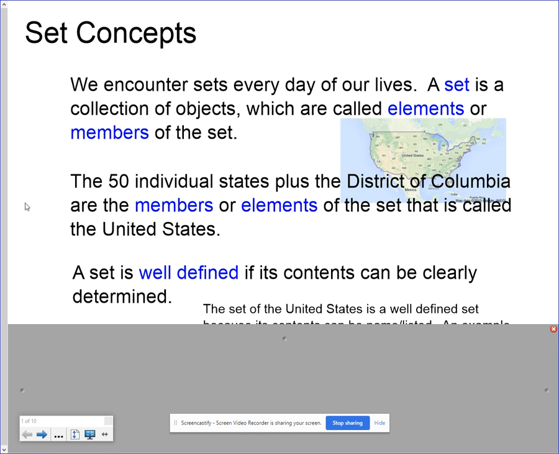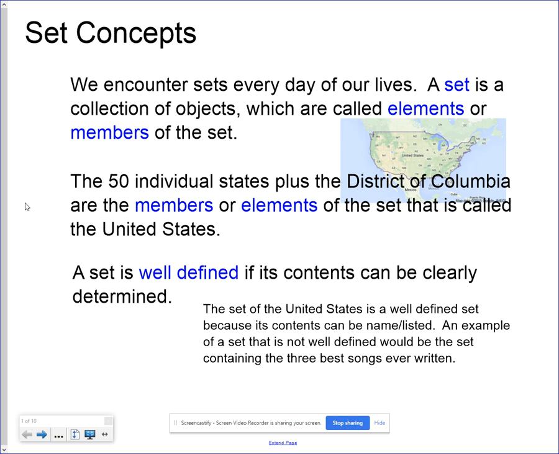For example, the set that's called the United States is well defined because its contents can be named or listed out. An example of a set that's not well-defined would be the set that contains the best 3 songs ever written.